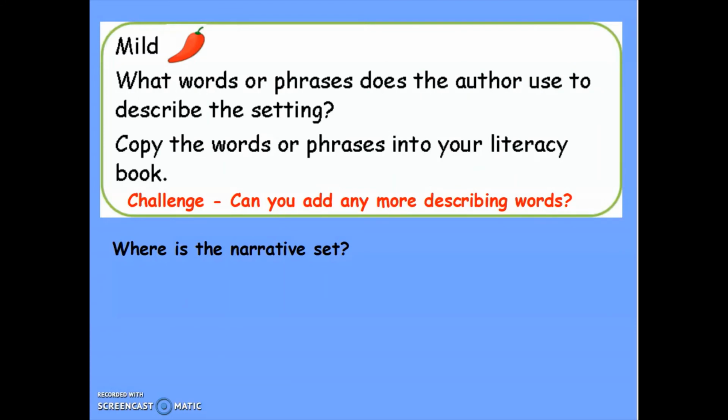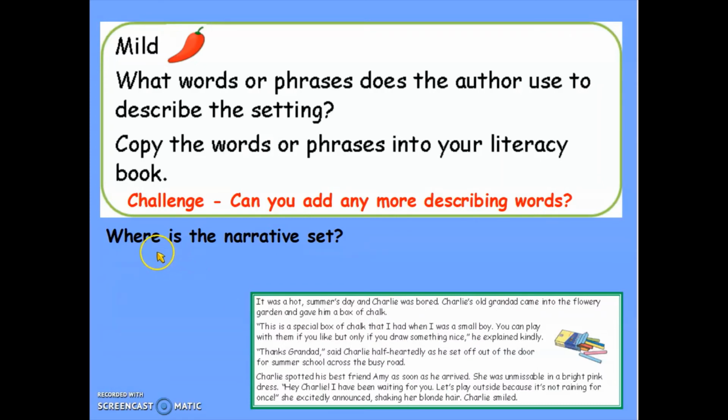The mild chilli challenge is to look back over today's reading and pick out words or phrases that the author uses to describe the setting. You need to be thinking about where the narrative is set. From reading through this section, I can see that it was set on a hot summer's day.